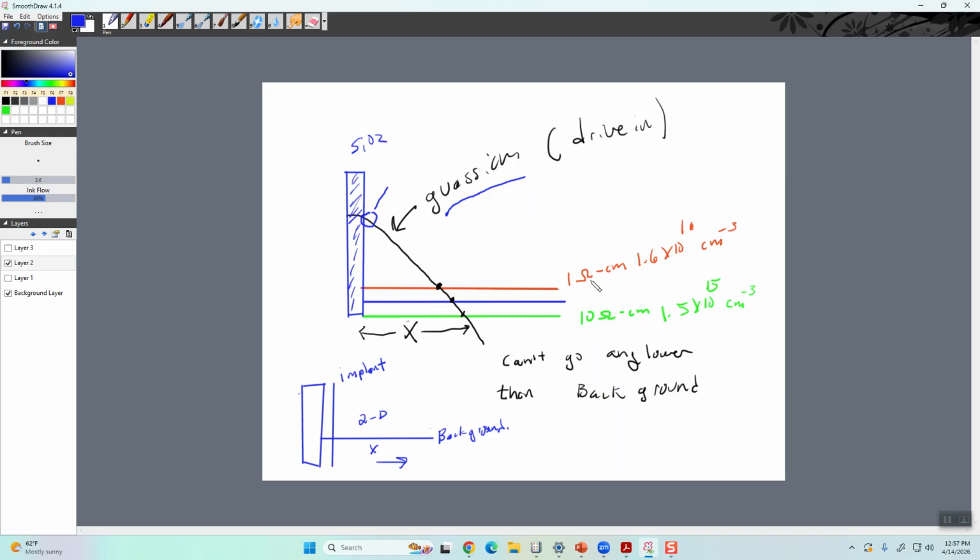Right. If it were 1 ohm per centimeter, it might work, but at 10 ohms per centimeter, it'll be a negative threshold voltage. And so I can't guarantee that range. You just buy it between 1 and 10, and you use this implant drive-in step to get that to work.